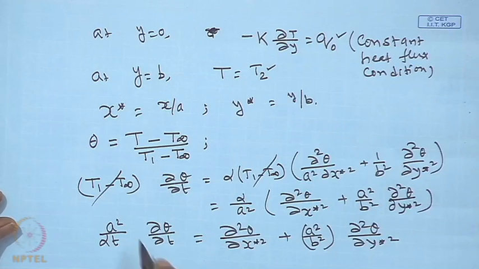Now, if you remember, a square divided by alpha has a unit of time. So, there is no dimension left there. So, we can define a non-dimensional time. The right hand side is entirely non-dimensional, so the left hand side has to be non-dimensional.